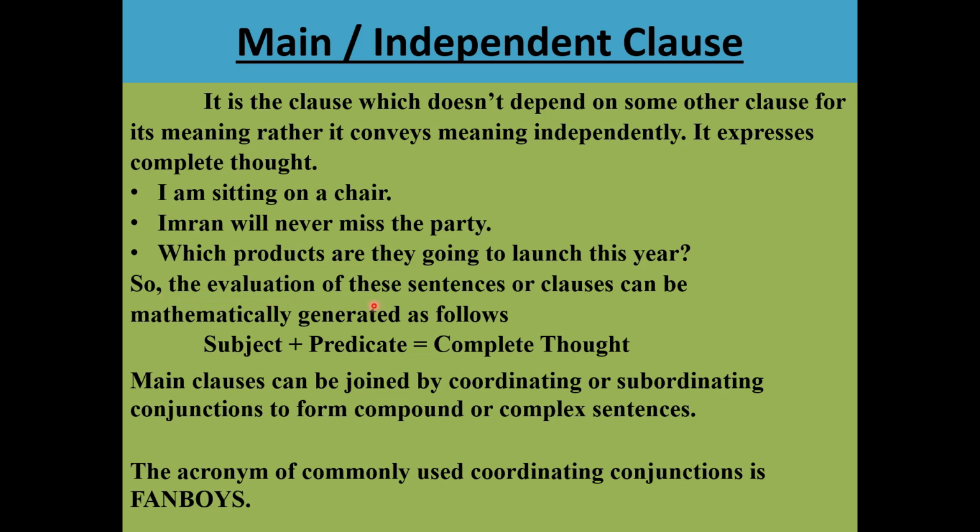So the evaluation of these sentences or clauses can be mathematically generated as follows. Mathematically, a clause in which both subject and predicate are present and which gives a complete thought, we will call a main or independent clause. Main clauses can be joined by coordinating or subordinating conjunctions to form compound or complex sentences.